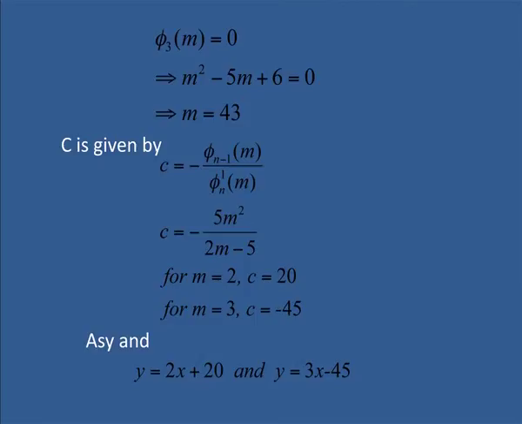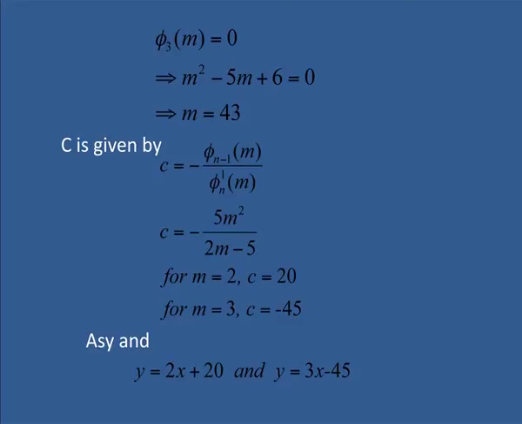Now, the c of the equation of the asymptote is given by c is equal to minus phi n minus 1 m upon phi n dash m, which is equal to minus 5 m square upon 3 m square minus 10 m plus 6.